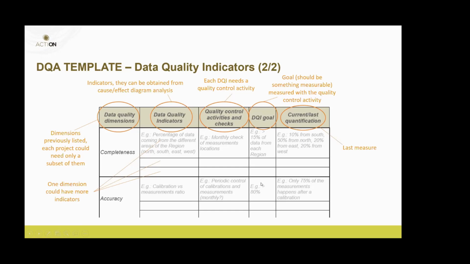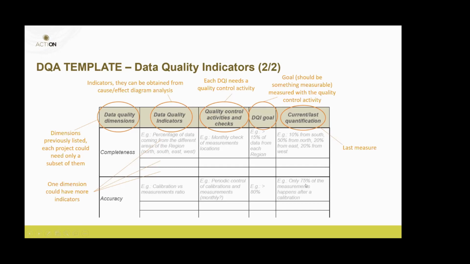Then I set up, as you said before, a goal. For example, 80% of my devices are always calibrated, so just a small percentage is not calibrated. And maybe I can add the process to calibrate them again. And then a current last quantification, because this is a living document too.